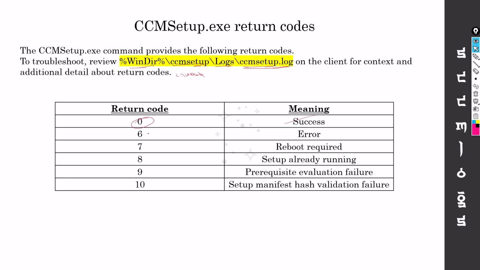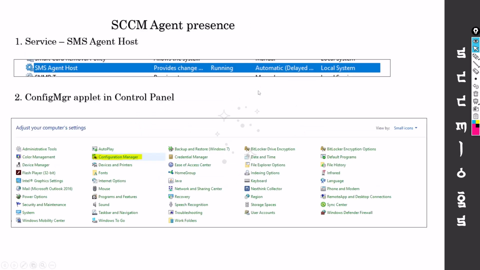If you see any other return codes, these are the meanings: 6 for error, 7 for reboot required, 8 setup already running, 9 prerequisite missing, 10 setup manifest hash validation failure. So like this you can monitor the setup log, and after that you can validate.